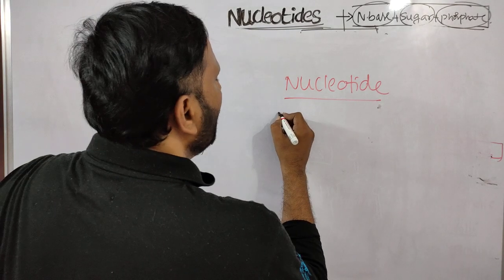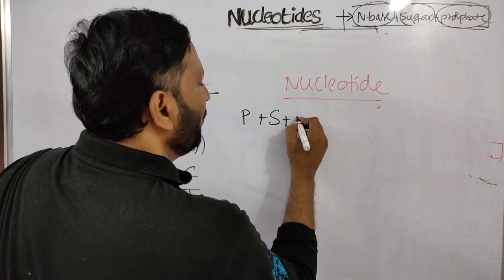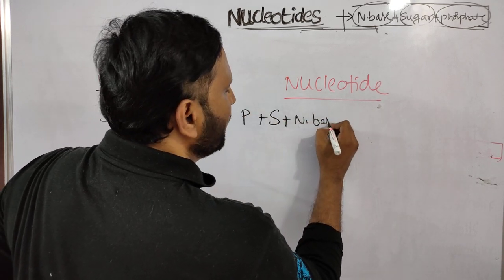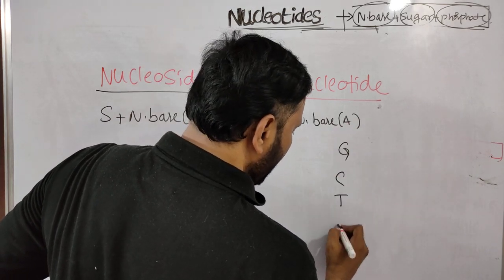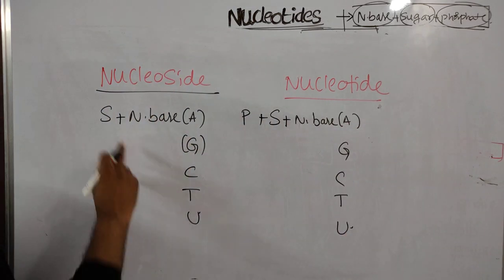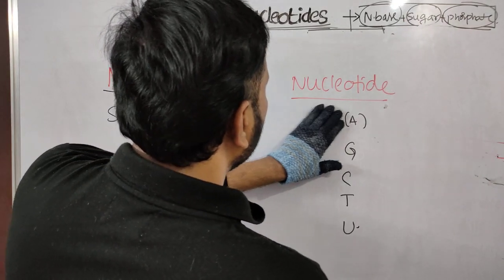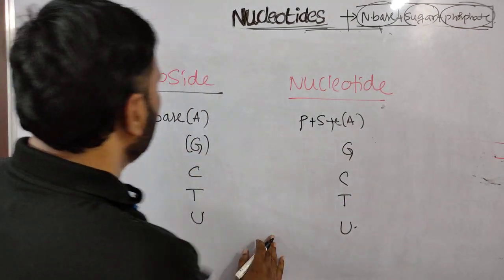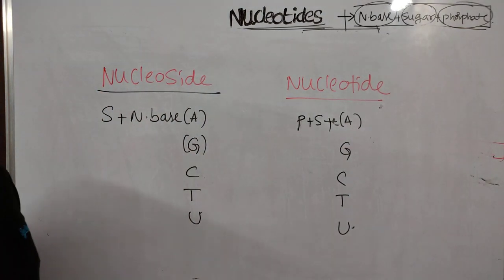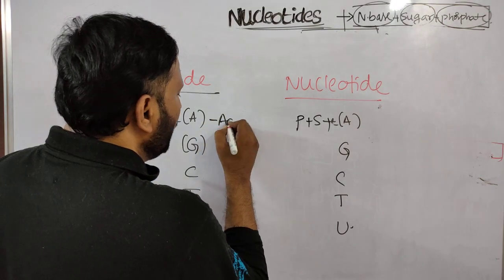Here also, it is sugar plus phosphate plus nitrogen base. So sugar plus nitrogen base is called a nucleoside, and phosphate plus sugar plus adenine is a nucleotide. Only sugar plus adenine, hence it is called adenosine.